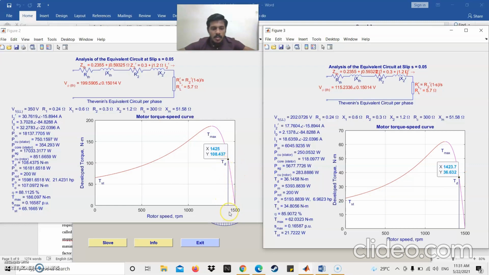And as we all know, rotor speed goes left to right while slip goes left to right. So consider at this part, both parts, the slip increases while the speed slowly decreases. And here the torque max, which is the pull out torque, we can also find the difference.